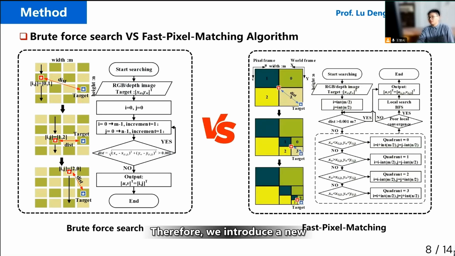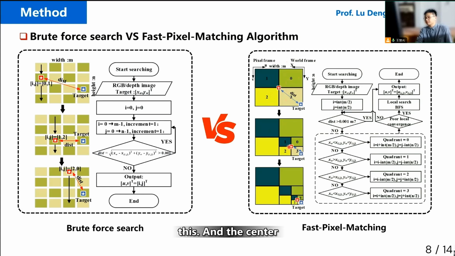Therefore, we introduce a new algorithm, the faster pixel matching algorithm, to address this problem. In the figure on the right part, we can divide the image into 4 parts. In the first step, we search the center pixel coordinates of an image and determine which part the 2D coordinates are in. Therefore, we can determine the search pixel coordinates in the second step.